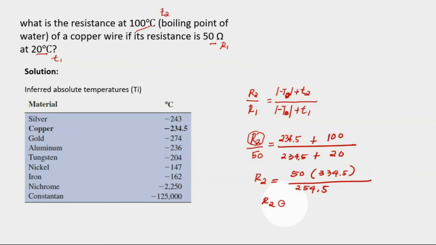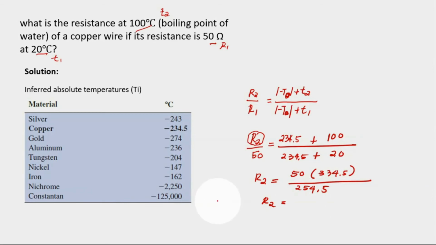So your R2, you just press your calculator if you have your calculator with you. So you have 334.5 times 50.